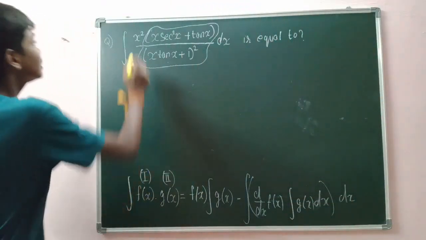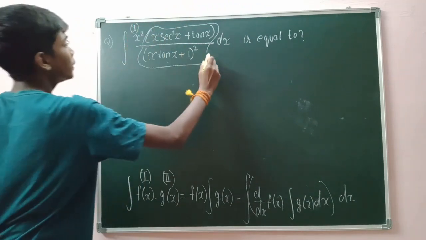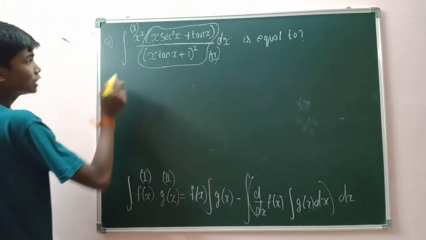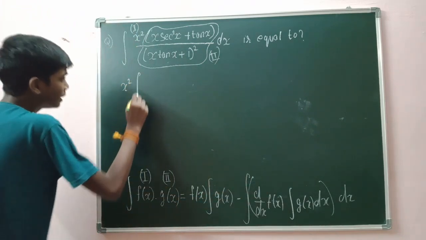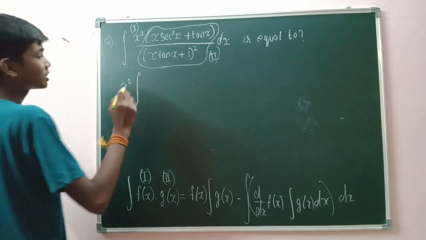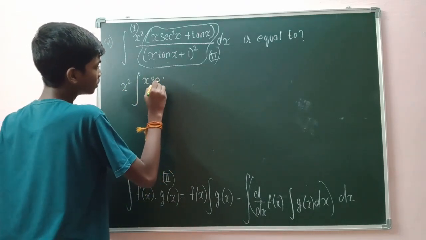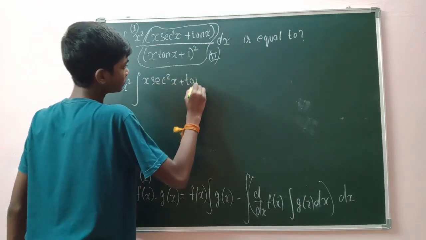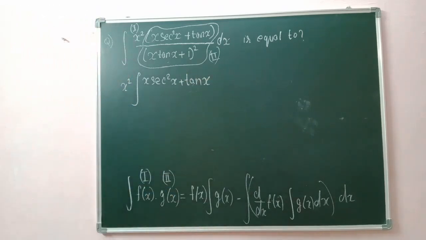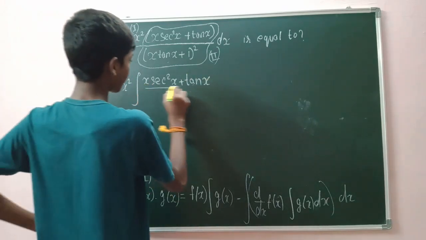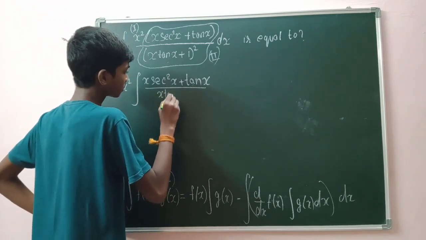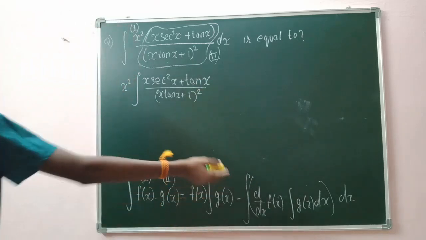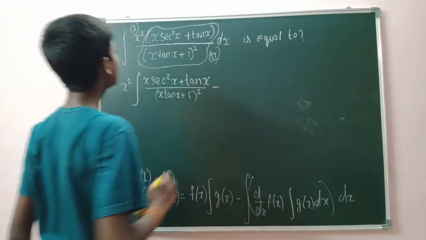When you take x squared as the first function and this trigonometric expression as the second function, the same integral using the by parts rule I can write as first function, that is x squared, times the integral of the second function, that is (x sec²x + tan x) divided by (x tan x + 1) the whole squared. So the integral of the second function, then minus the derivative of the first function.